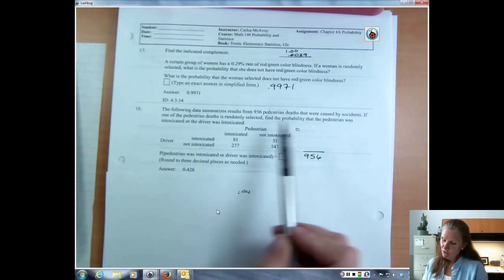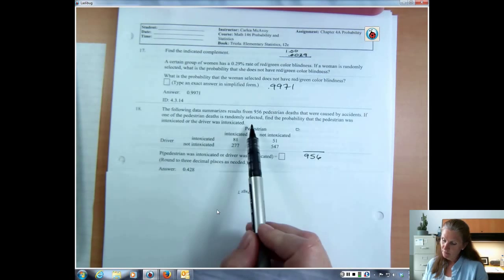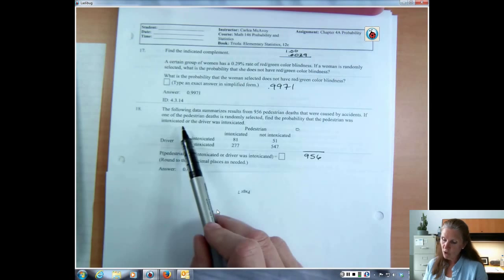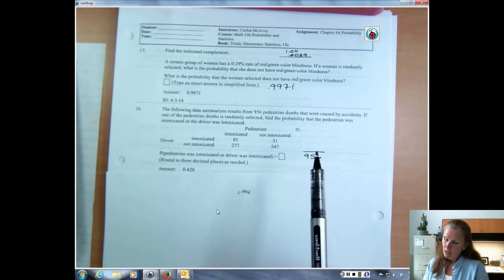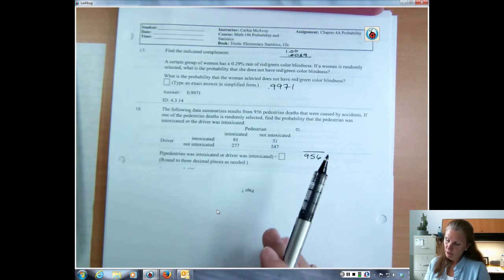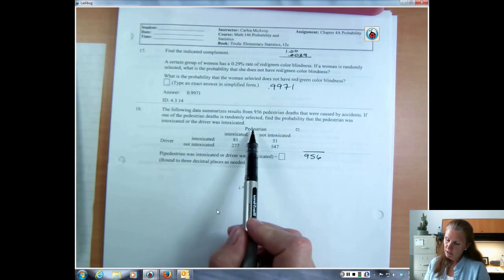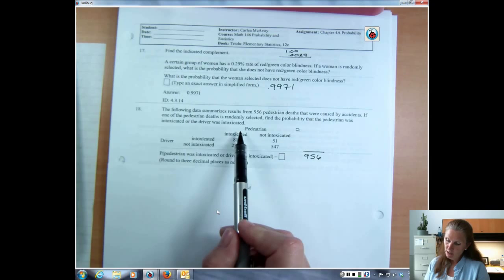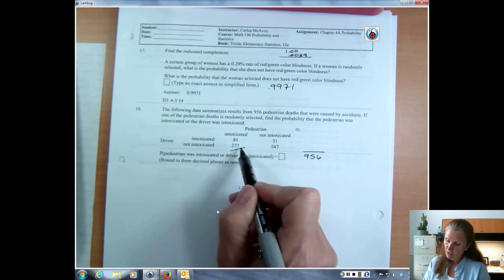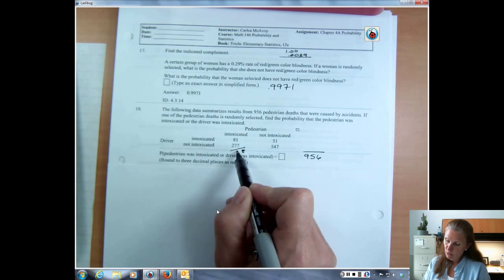Okay, so anyway, if one of the pedestrian deaths is randomly selected, find the probability that the pedestrian was intoxicated or the driver was intoxicated. Here are the pedestrian intoxicated people. So the chances that the pedestrian was intoxicated are right here. We're going to add these two together to get that total, which is 358.